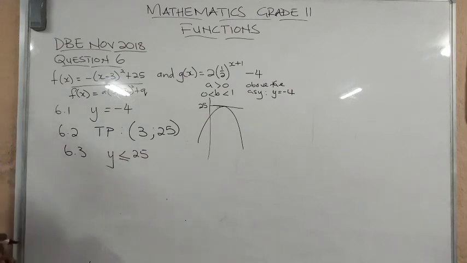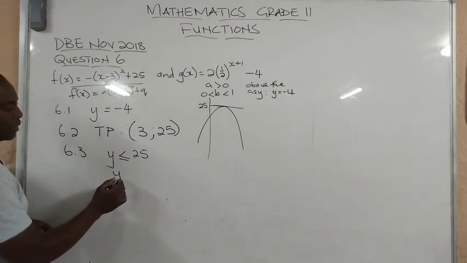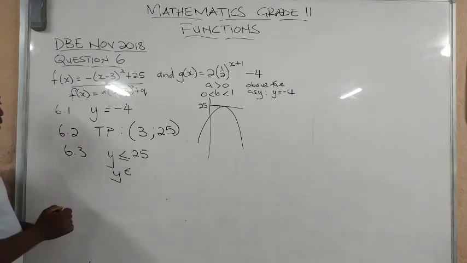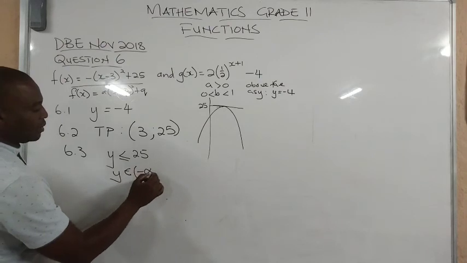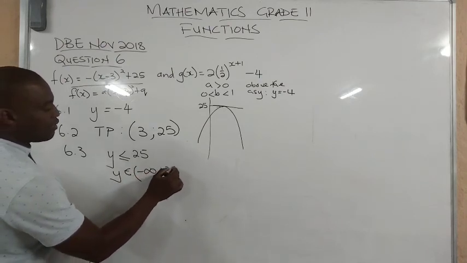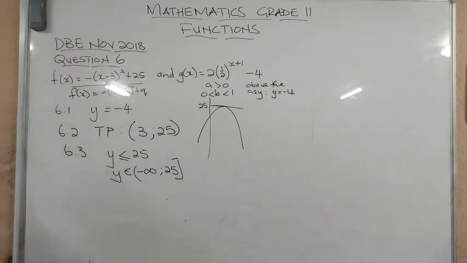If you decide to write in another notation, y is an element that is from negative infinity to 25, and 25 is included.